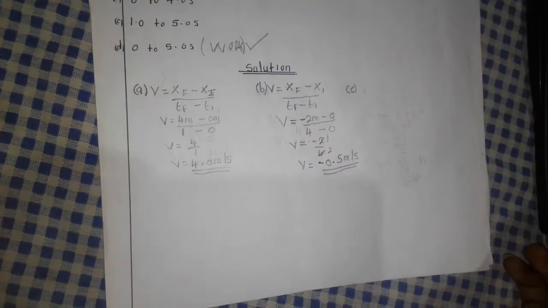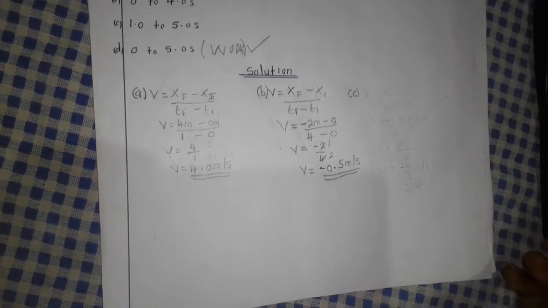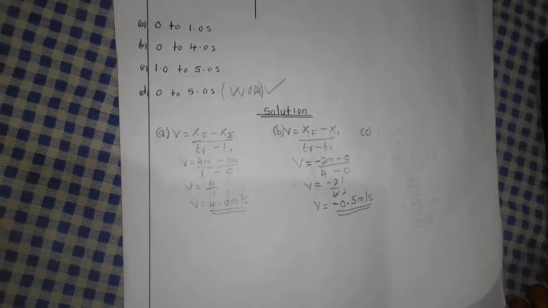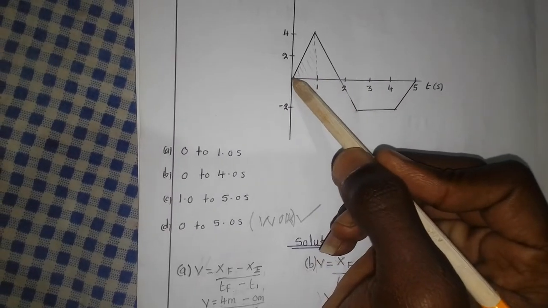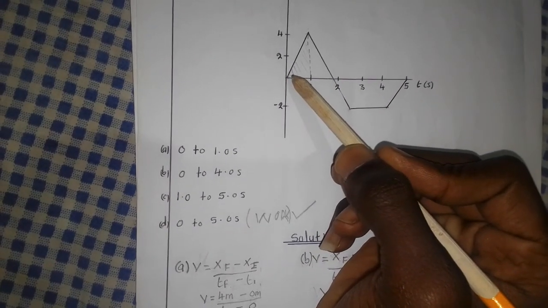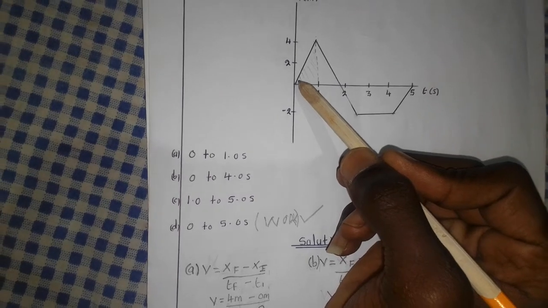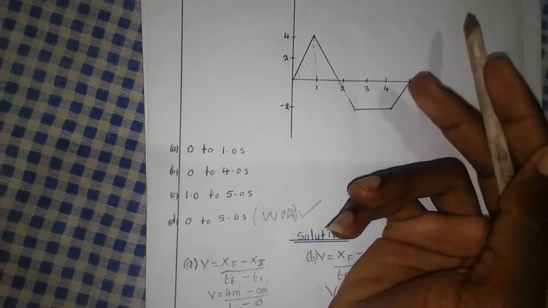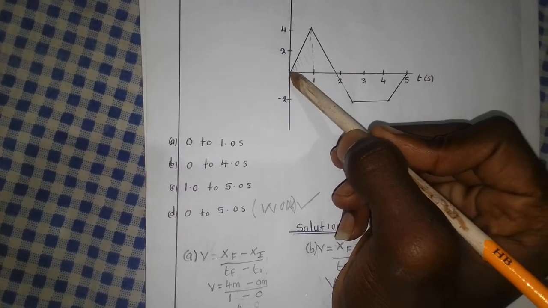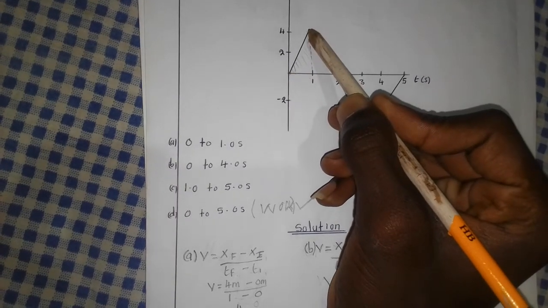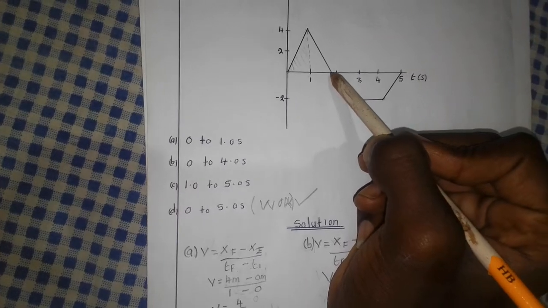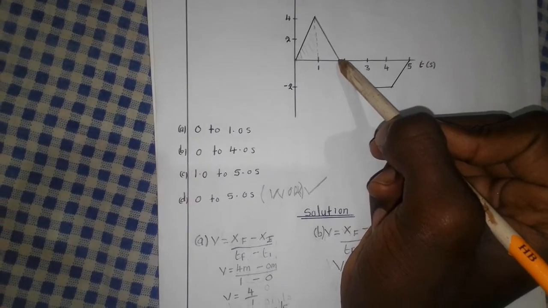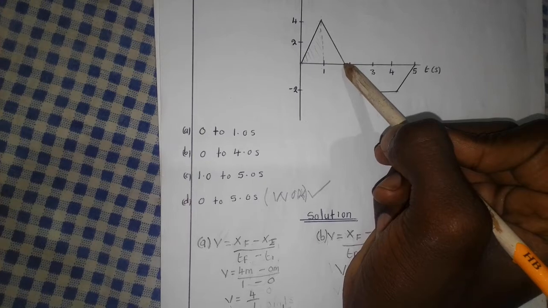Okay, this is very simple. Just follow me well, and you'll be able to grasp the concept. It is saying from 1 to 5 seconds. Remember, this is the displacement, some distance from the initial point to some final point. We move to this particular point, this is 4 meters. But check what the question is saying: from 1 to 5 seconds.